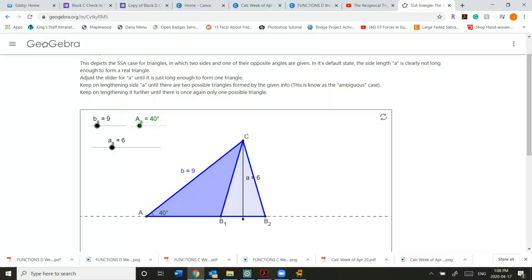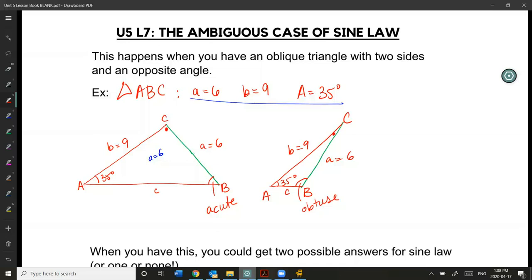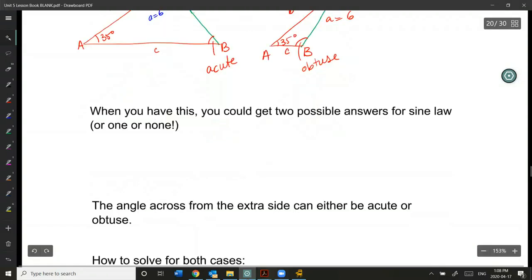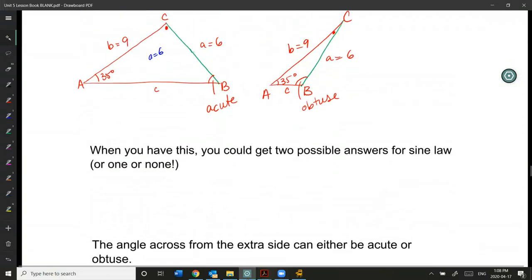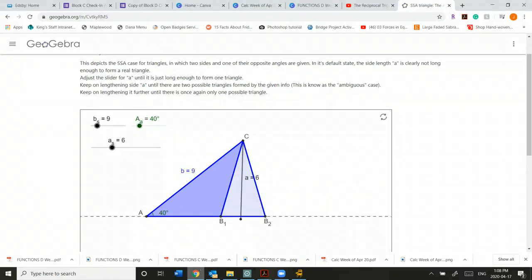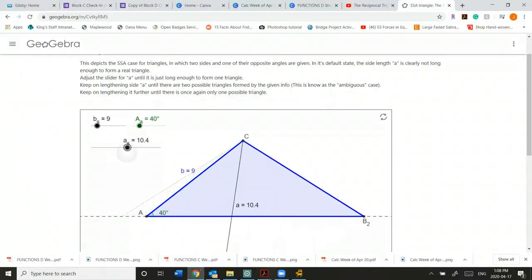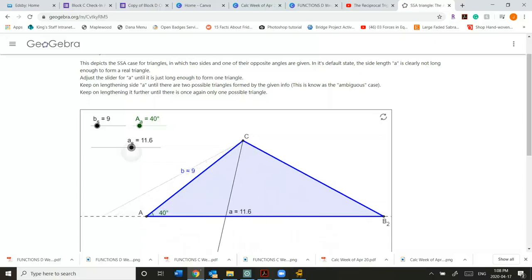Okay, so what does that mean as far as what I said with you could get two possible answers, or maybe only one, or maybe none? So let's just look at this diagram one more time here. Let's say I extend the length of side A. Well, we can actually see here that if side A is longer than side B, there's actually only one triangle that can be created here.